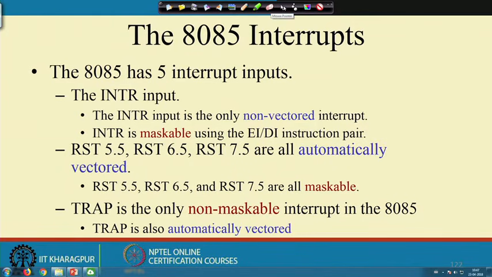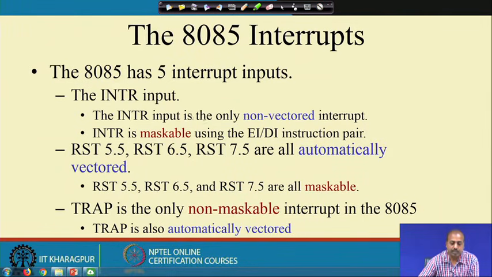In case of INTR, this is a non-vectored interrupt, so the ISR address is not known to the processor directly, and it is also maskable by means of the EI-DI pair. There are some more interrupts, RST 5.5, RST 6.5 and RST 7.5, which are automatically vectored.